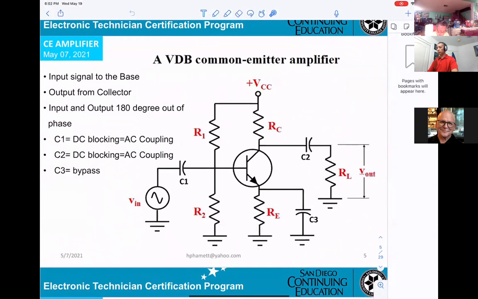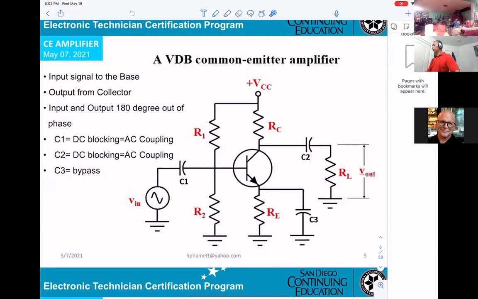However, sometimes you must pay attention: at the base to the ground there is a resistance, which is called R in base right here. R in base will be in parallel with R2. So you have to combine R in base and R2 to get one resistor.